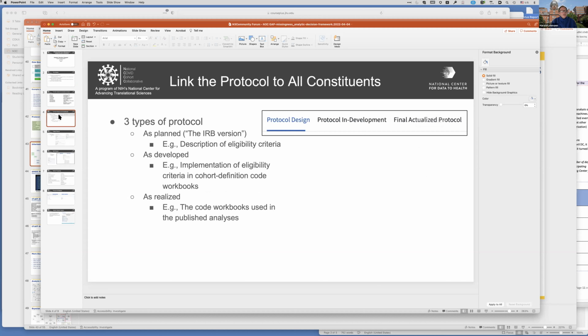So our solution to this is to build a kind of computable protocol, an object in the enclave. There are three levels of protocols. There's the protocol design, basically the IRB version. There's a protocol in development as you instantiate your intended criteria.